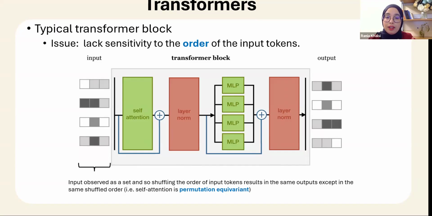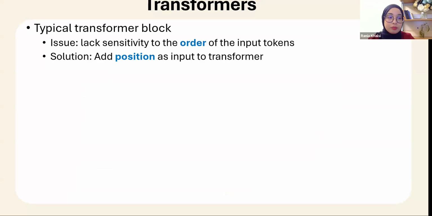Again, the underlying issue is that transformers themselves are order agnostic. So the question becomes, how do we handle this limitation, and how can we introduce the information concerning the order of a word into the model?